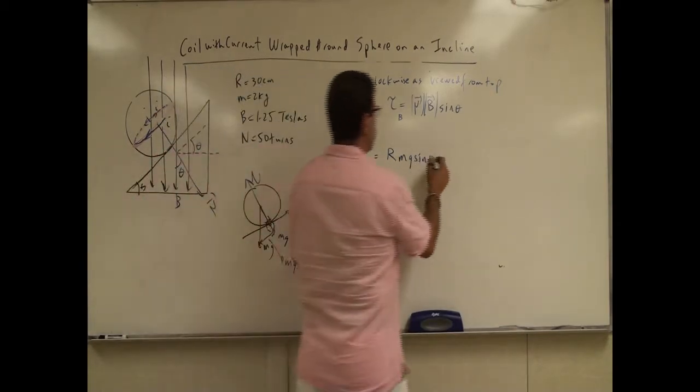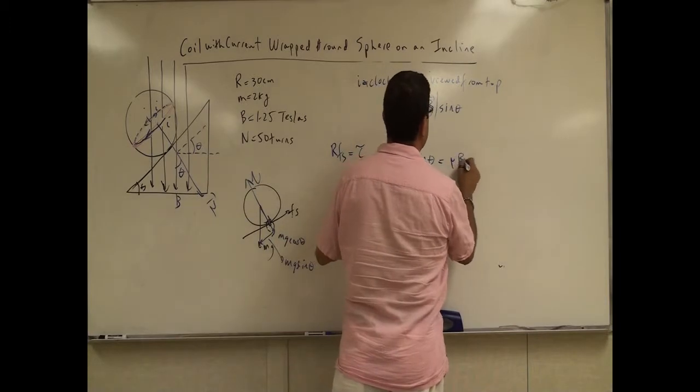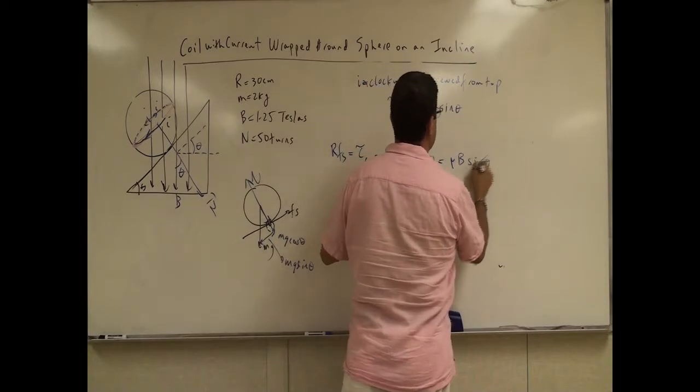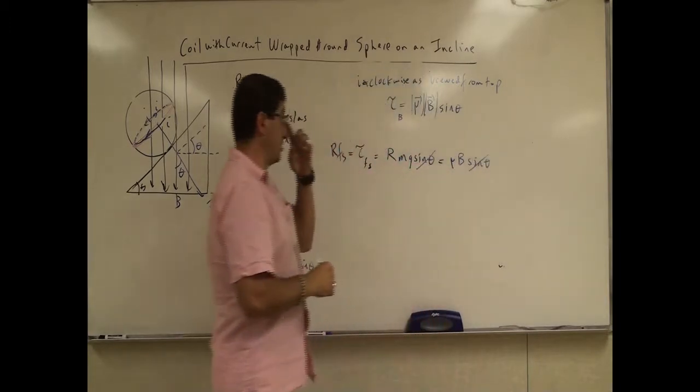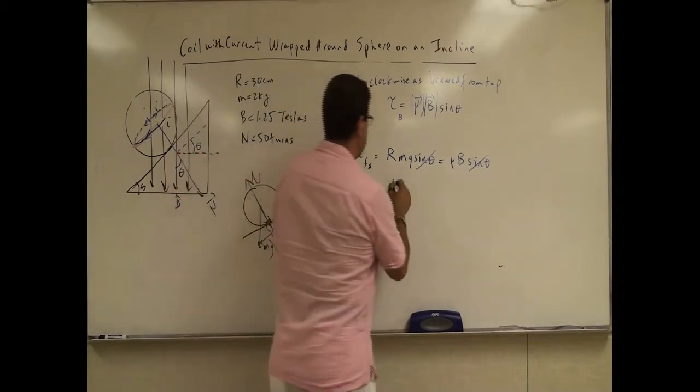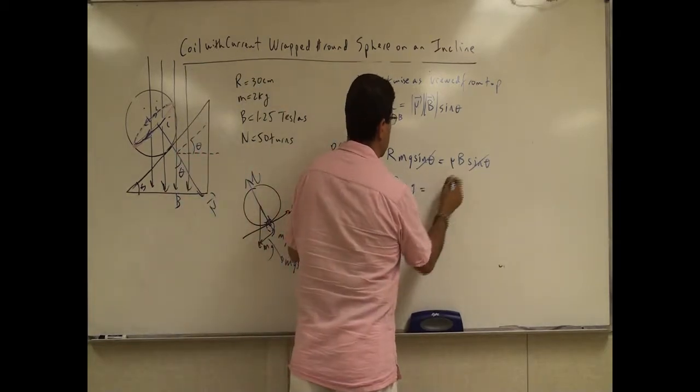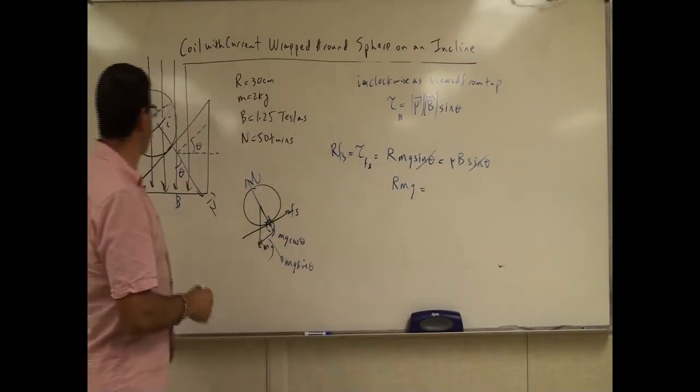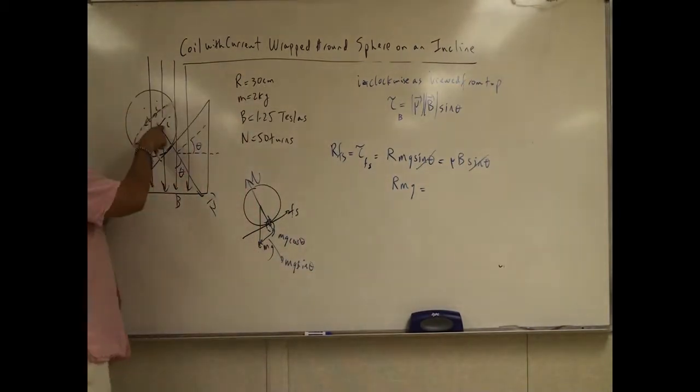So then we set this equal to mu B sine theta, and the sine theta cancels. So then you have here R mg. Then mu is equal to what? It's the current times the area. Since we wrapped it on the equator, the area is pi r squared, where r is the radius of the sphere.